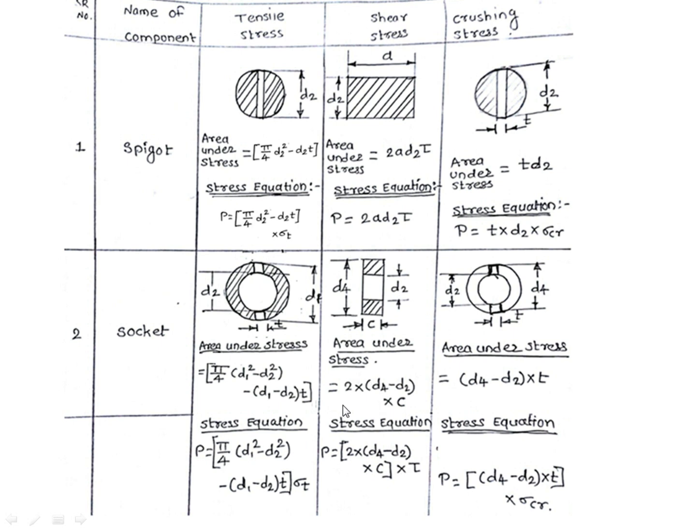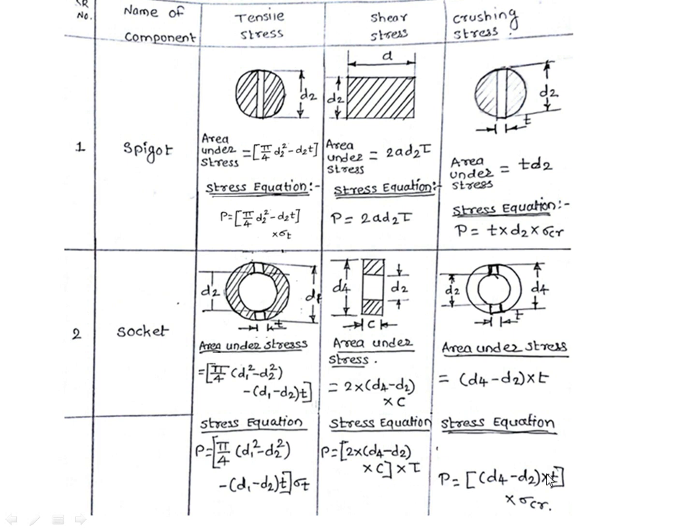The area under shear stress, as the socket is also subjected to double shear, will be 2 into d4, that is outer diameter of collar, minus d2, that is inner diameter of socket, into C. Therefore, the strength equation for shear stress is load equals stress into area, which is P equals 2 into d4 minus d2 into C multiplied by tau.